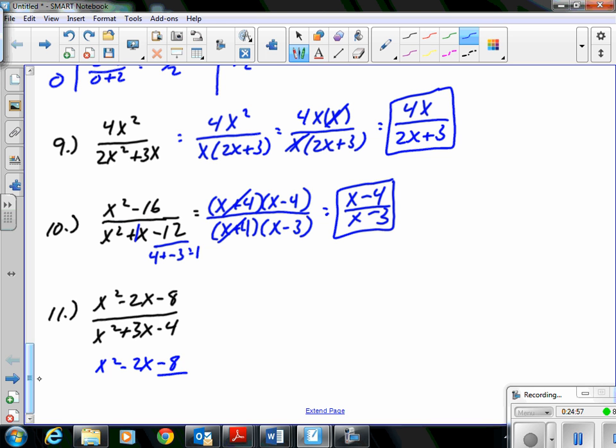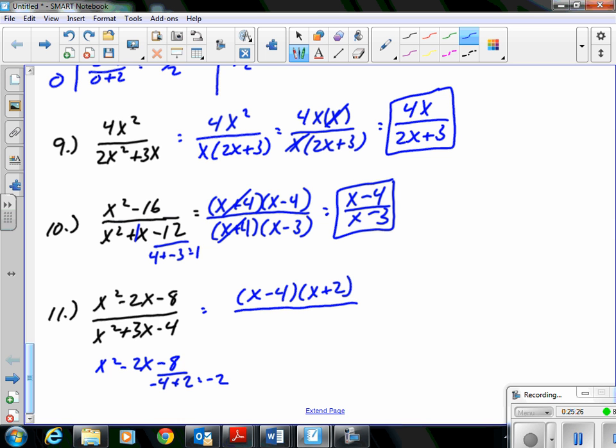And so we got to have a positive and a negative that add up to negative 2. So that means your bigger number has to be negative for it to end up with a negative. So negative 4 and positive 2 would add together to give us negative 2. So the top is going to factor to x minus 4, x plus 2.